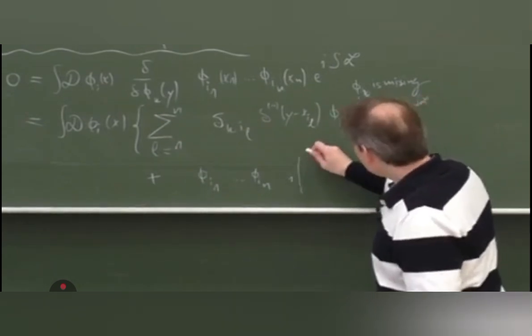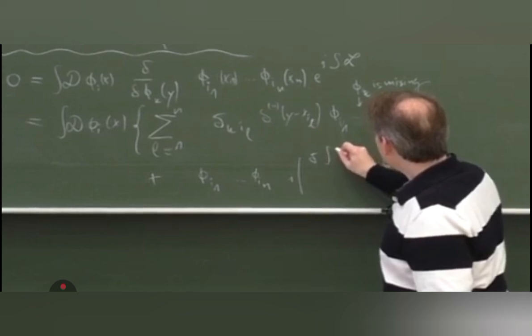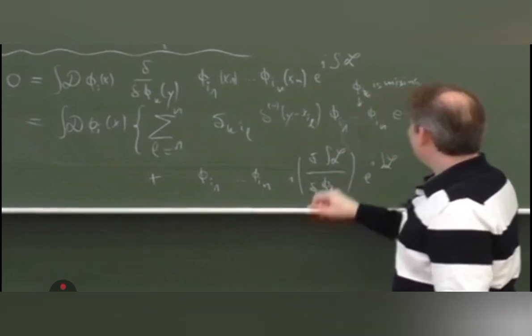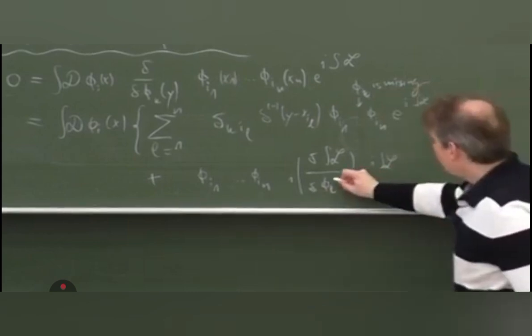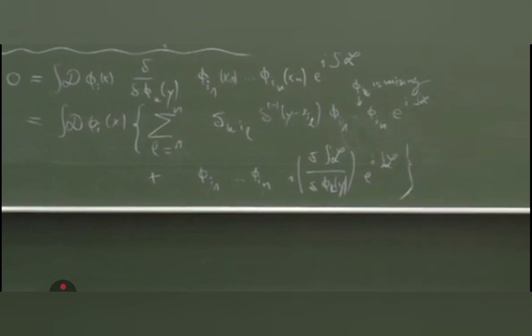We just write it as it is: the functional derivative of the action with respect to phi_k at space-time point y. That is the result.